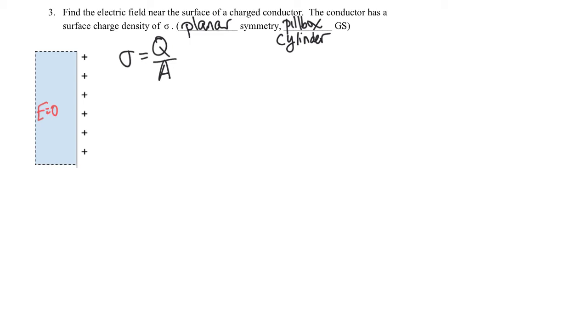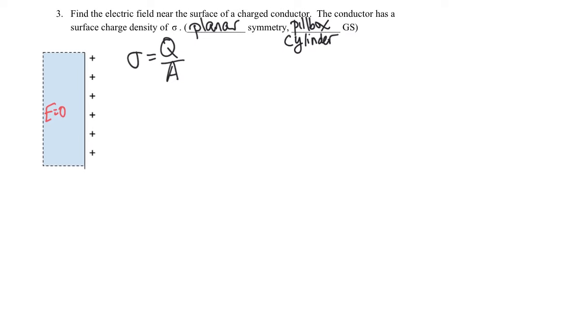One of the things we know about conductors is that the electric field is always perpendicular to the surface. So it's going to look basically like that. That's kind of what our electric field looks like near the surface.